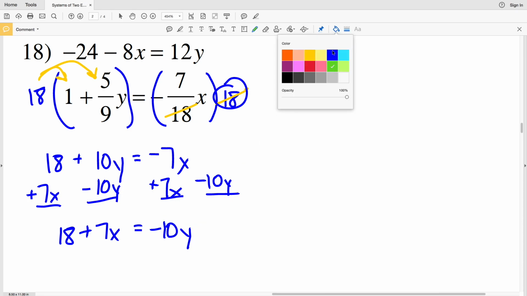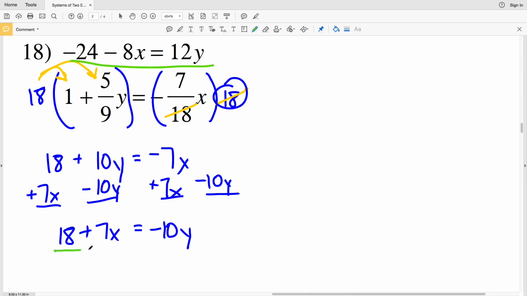Now what I'm looking for out of these two equations is how I can eliminate a variable. So let's see if we can eliminate x. And in order to do that, we need our x's to have a common multiple as the coefficient. So 7 and 8, a common multiple is 56.